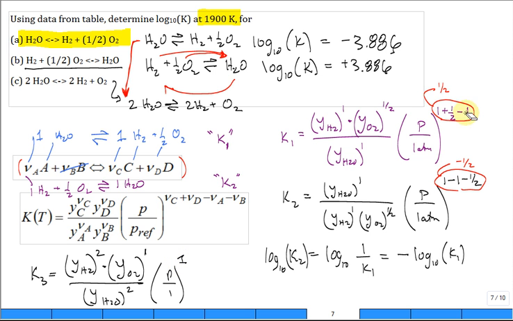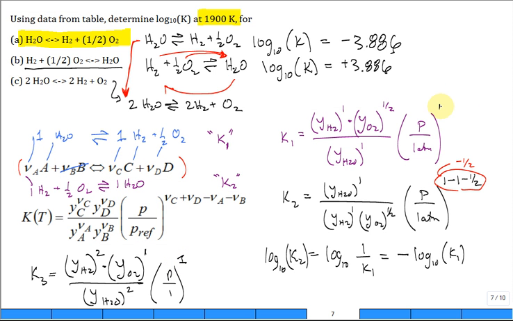So I compare this equation with this equation, and I see what is the relationship between K1 and K3. Is K3 equal to K1 squared?